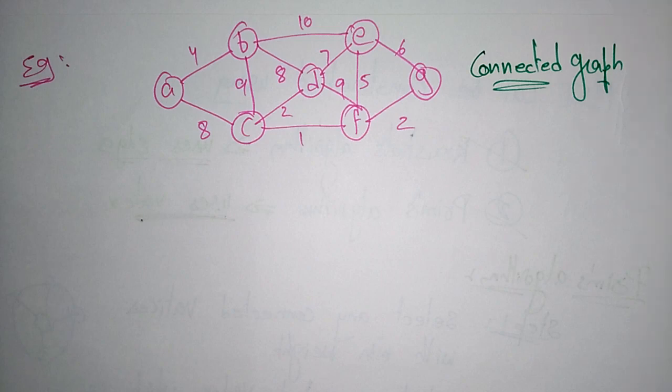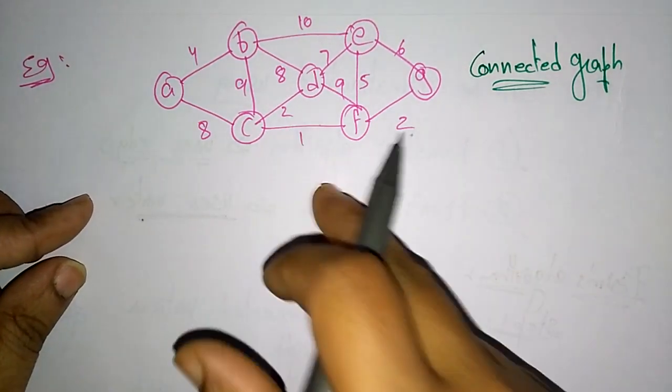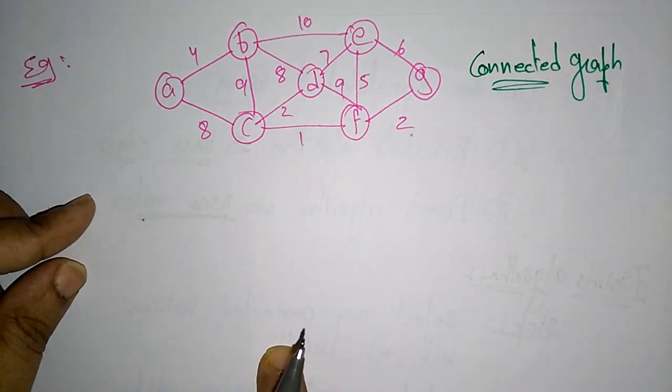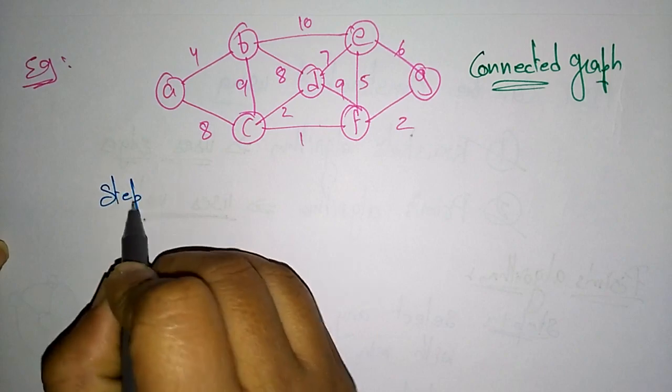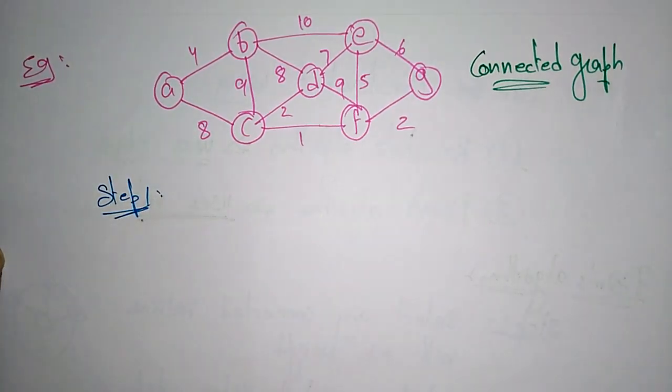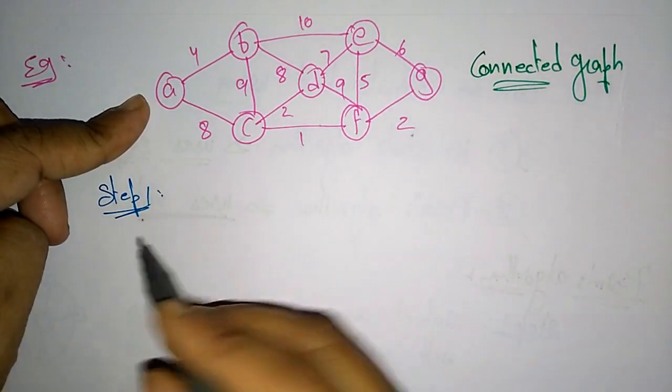Now let us write step 1. We are converting this graph into a minimum spanning tree by using Prim's algorithm. Step 1: what is Prim's algorithm? We have to select any connected vertex with minimum weight. Suppose I'm starting with A. You can take anything.